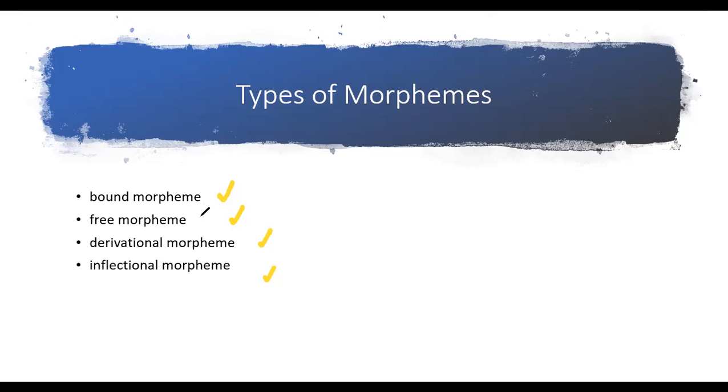Now, what is a bound morpheme? Bound morphemes are the ones which cannot stand on their own. If I write here un, im, fullness, do you understand anything? Probably you don't.